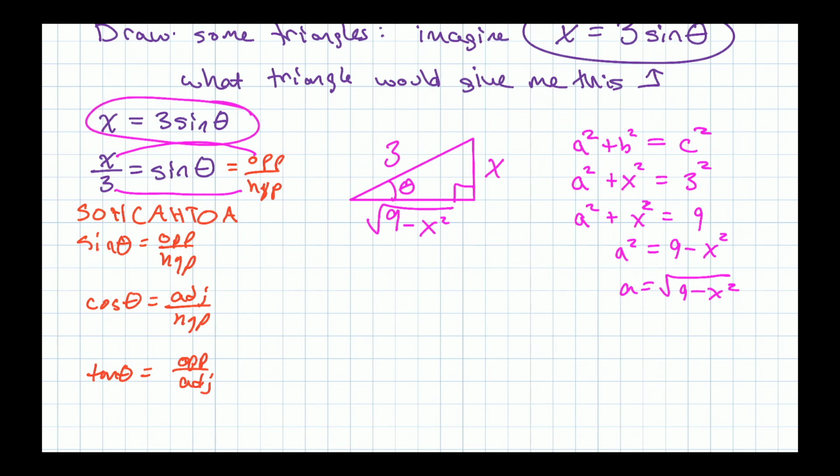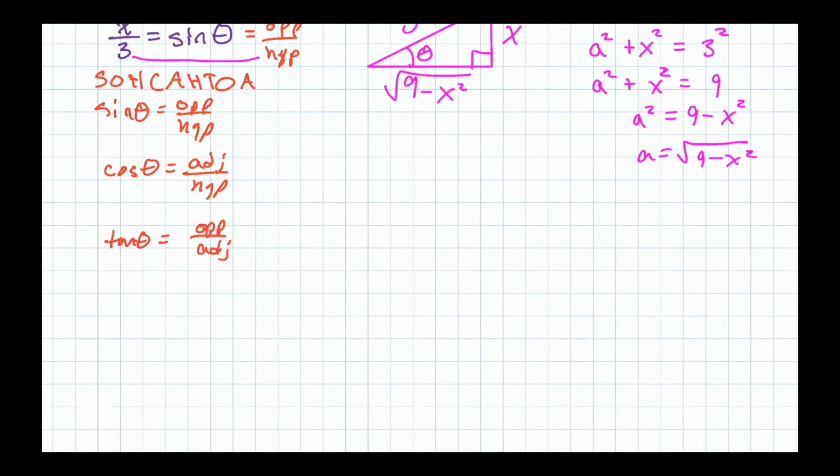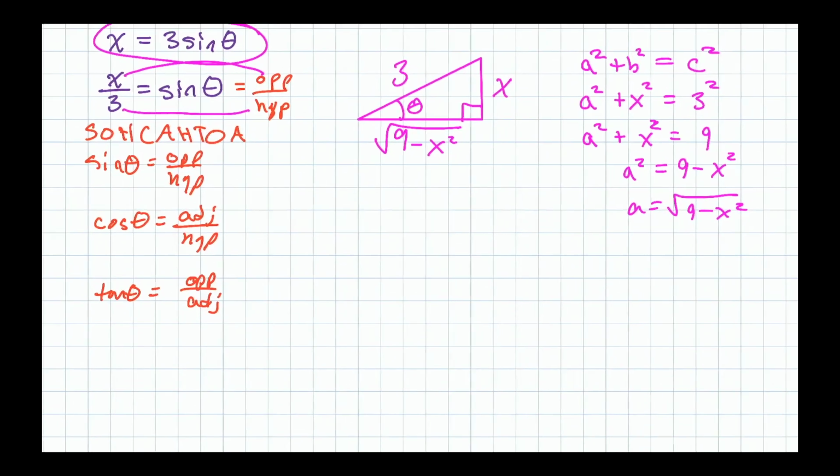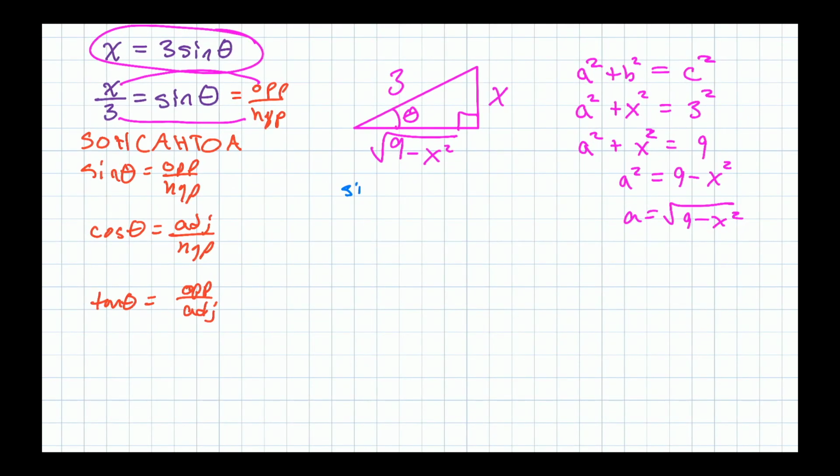From that, you would be able to write down any of the trig functions you wanted, all 6. Sine theta is really easy because that's the one we already had, x over 3. Cosine theta is the adjacent side over the hypotenuse, so square root 9 minus x squared over 3.